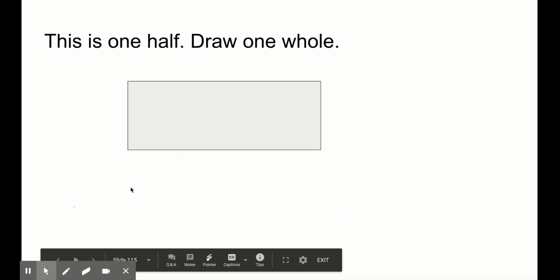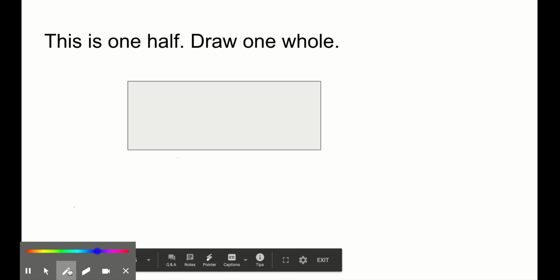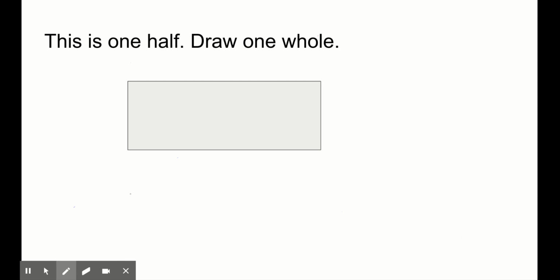This is 1/2. Draw one whole. How could we make this 1/2 into a whole? Well, we know that 1/2 has two parts. But here I only see one part.